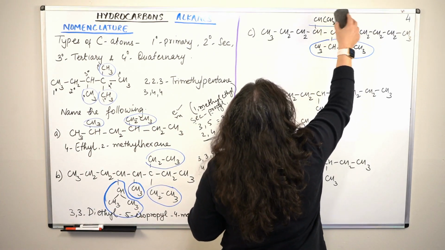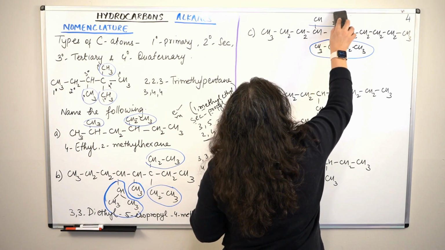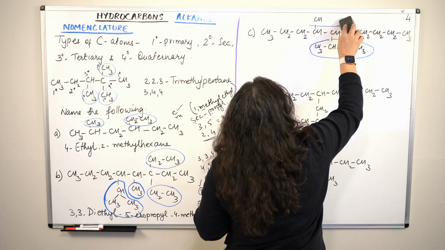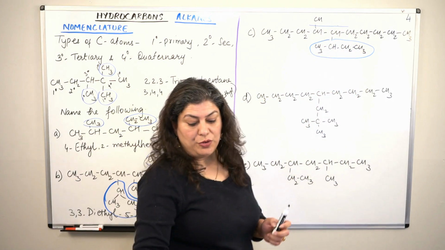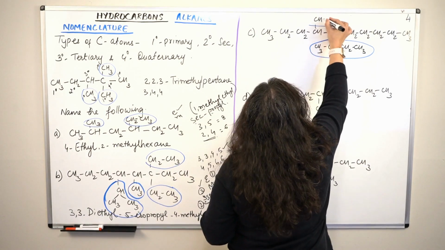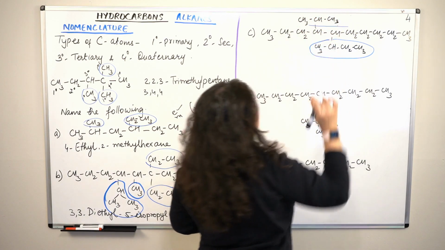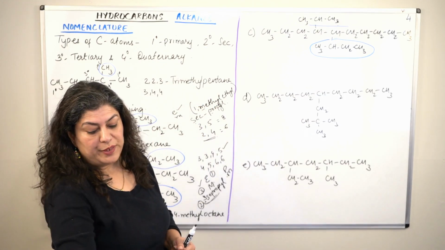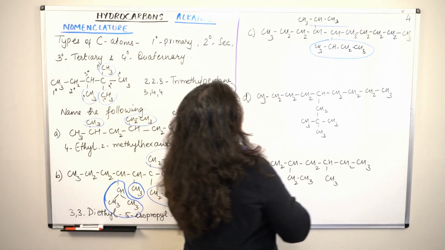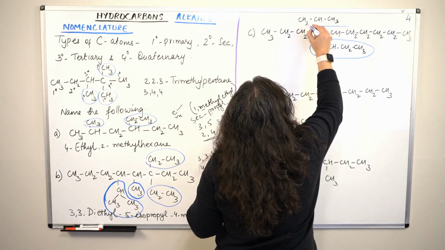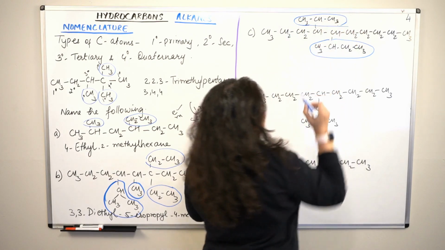Here, let me expand this. This CH is attached to 2 CH3 groups. So if I put one CH3 here and one CH3 here, I just expanded it to make it clear what the group is. Now this is one substituent, and that's the second substituent.